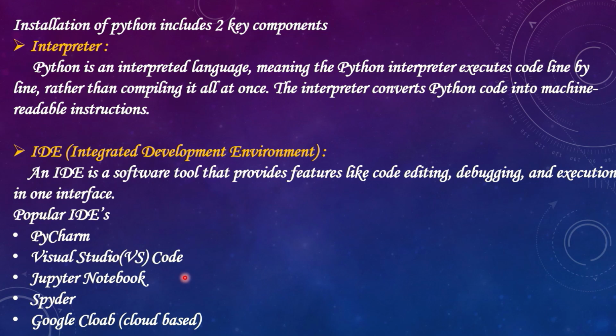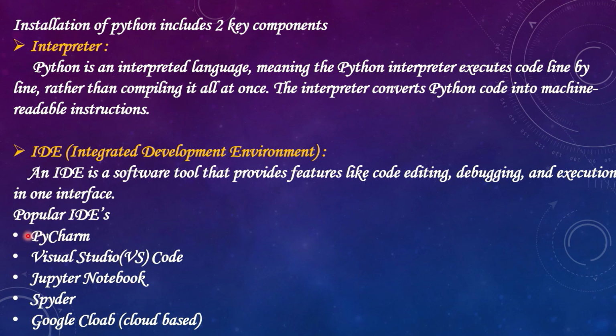If you are a data science analyst or scientist and have more to do with data, then you can prefer Jupyter Notebook. If you're a scientist and want to do some scientific computations, then you can go for the Spyder IDE. And the final one is Google Colab, which is a cloud-based Jupyter Notebook environment that is available in our web browsers, online.